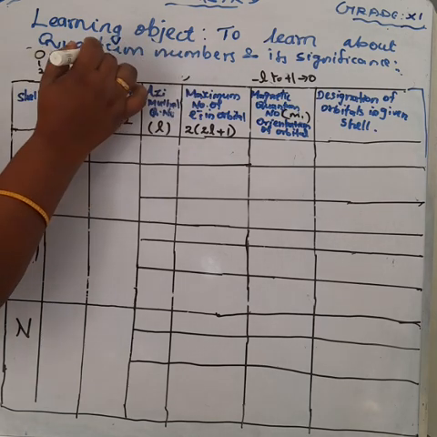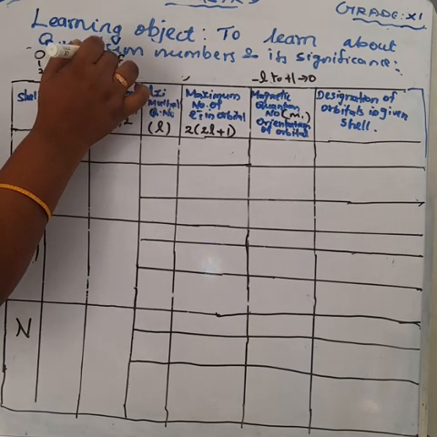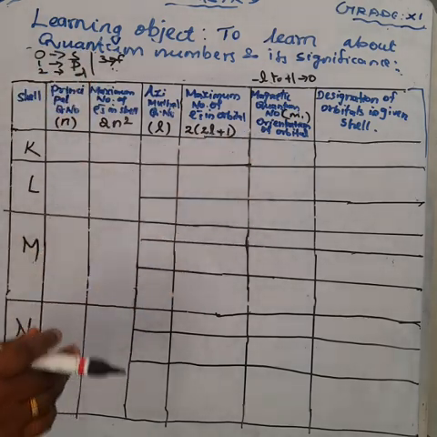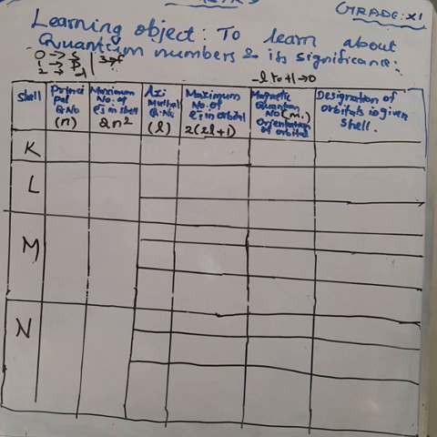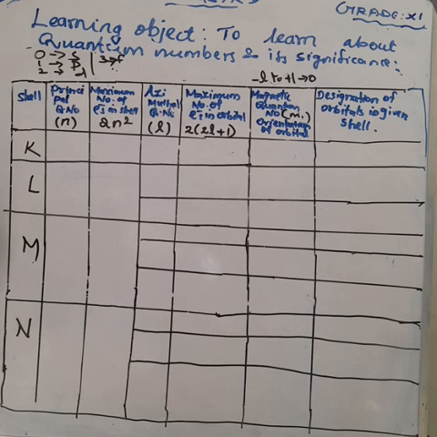And in the magnetic quantum number, we study about the orbitals. The principal quantum number is about the shell, the azimuthal quantum number is about the subshell, and within the subshell we have orbitals. An orbital is the three-dimensional space in which the probability of finding the electron is maximum.